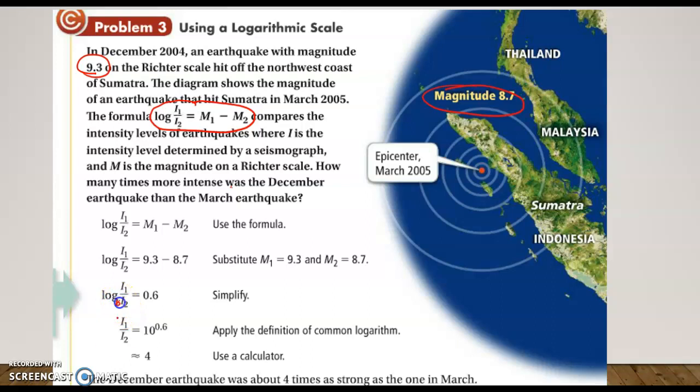That base 10 right there, remember, if I'm going to switch this to an exponential, it'd be 10 to the 0.6, that is the ratio of how strong they are to each other. When you do that, you get 4. So the December earthquake was about 4 times as strong as the one in March. That's why, like I said, they always refer to the Richter scale as an exponential scale, not just a linear scale.